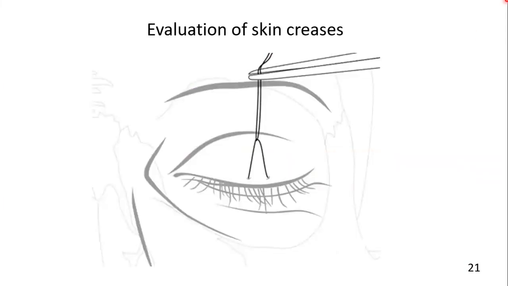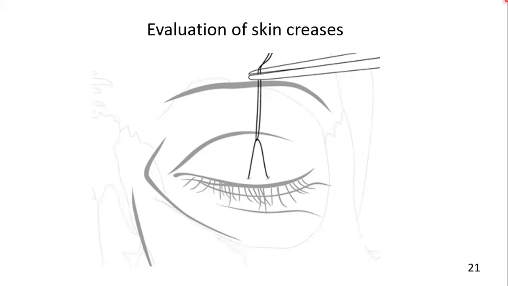The skin creases around the orbit are carefully evaluated. If a lateral extension of the subciliary incision line is anticipated, it is useful to mark the lateral tail of the skin crease that passes inferiorly. The lateral extension of the subciliary incision always follows the natural crease.